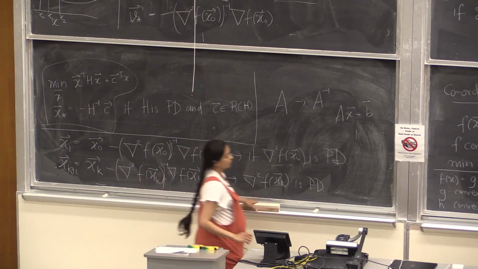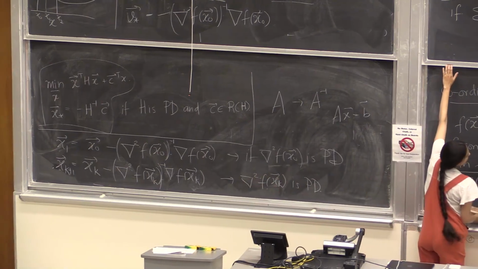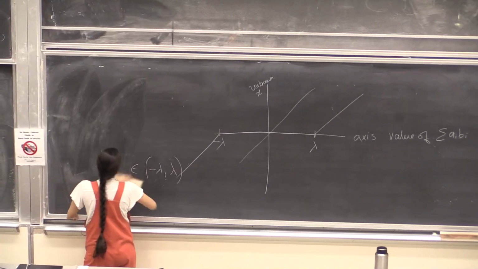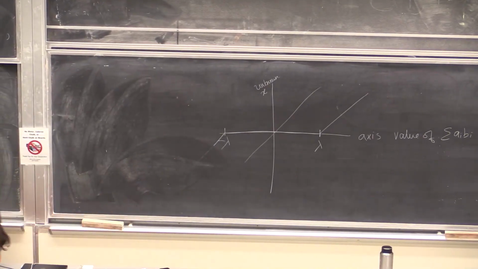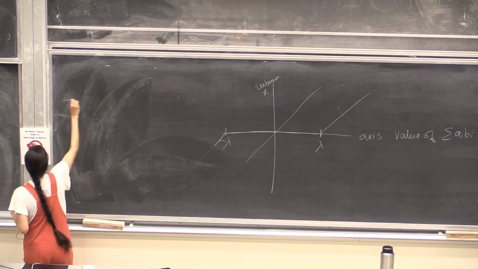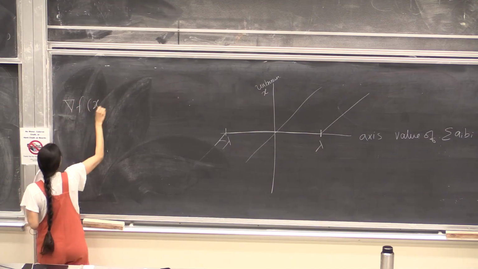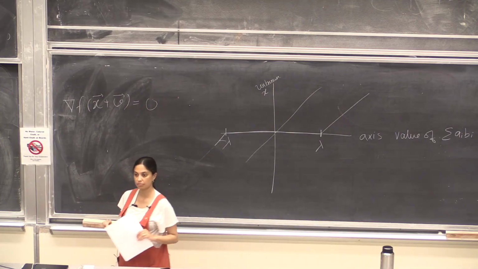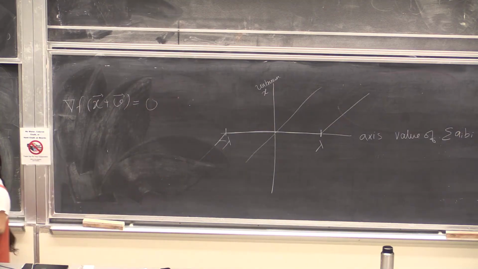Another way to think about this is: I want to find a v such that the gradient at x plus v is equal to 0. I'm currently at x, and I want to take a step to find the point where the gradient is 0. For a convex function, that's a reasonable thing to want to do.